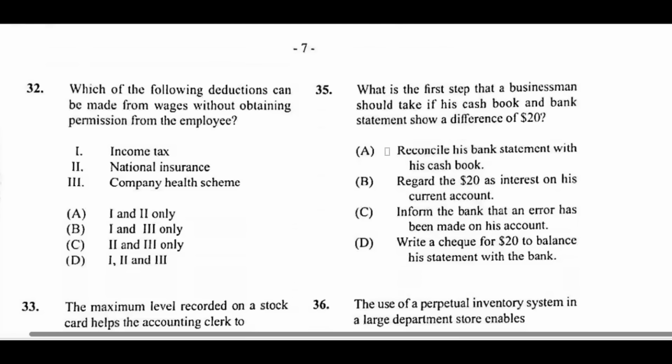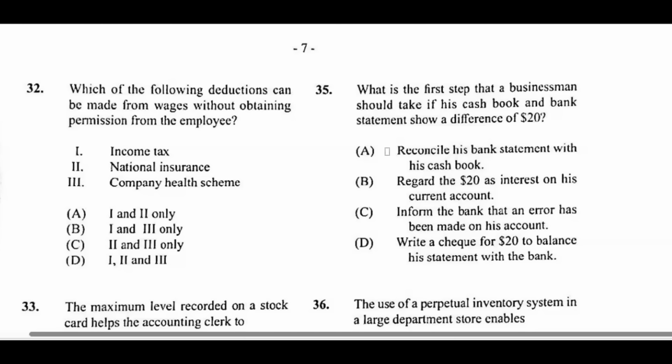32. Which of the following deductions can be made from wages without obtaining permission from the employee? Now we have two types of deductions. We have compulsory deductions, which are like taxes, NIS, PAYE, pay as you earn, all those taxes. Those are compulsory. And then we have voluntary deductions, where the employee has control in terms of telling their employer what to deduct, like a loan.